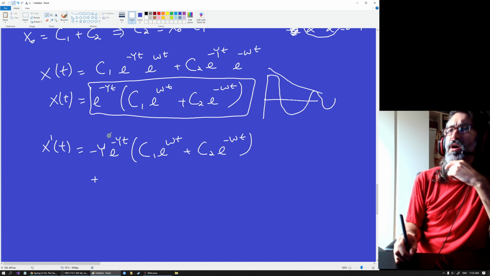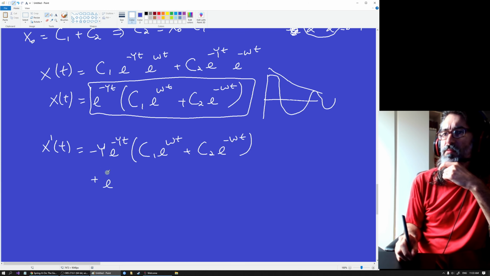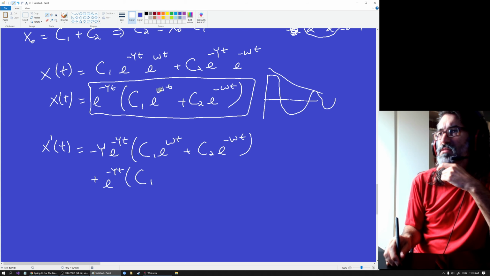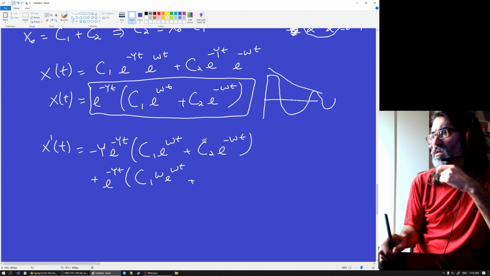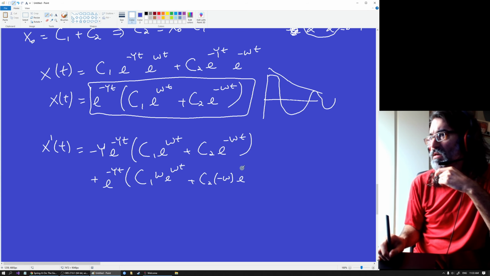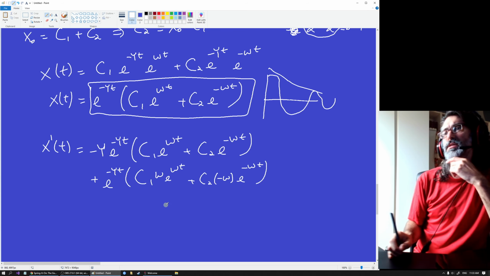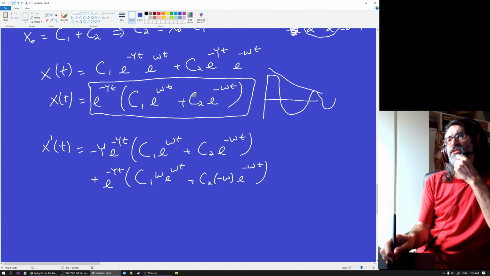And then the second part: this one stays the same, e to the minus yt times c1. Differentiated, this brings a w in front of it, w e to the wt, plus this one becomes c2 times minus w, this one came in front of it, e to the minus wt, like this. So that's our differentiation of this.